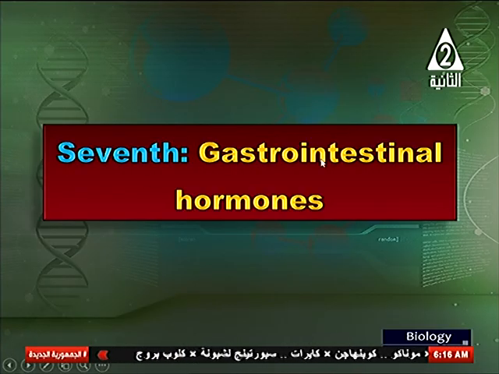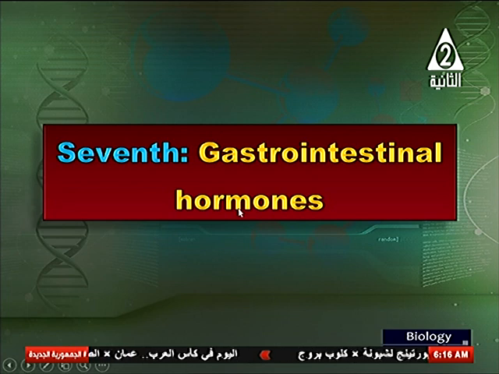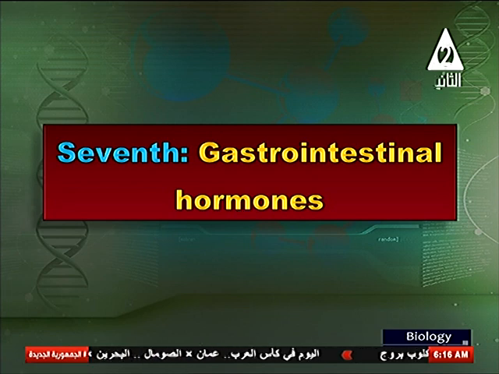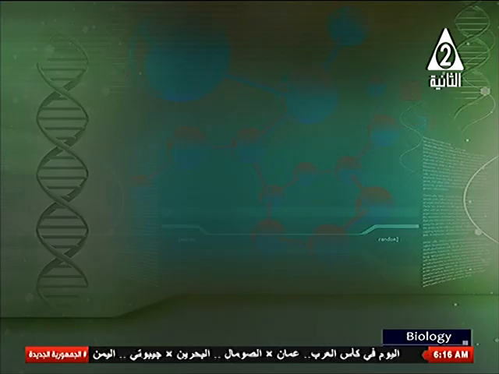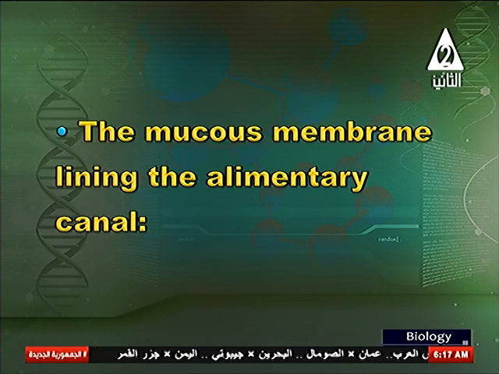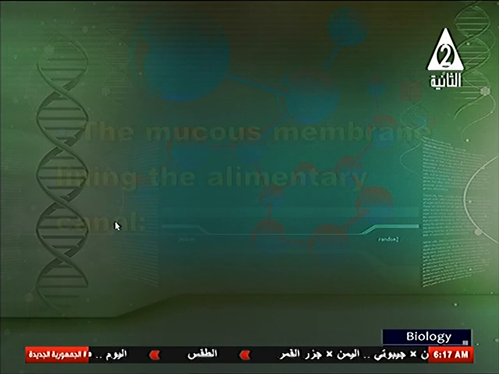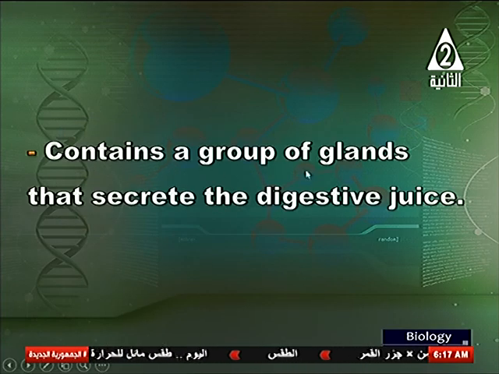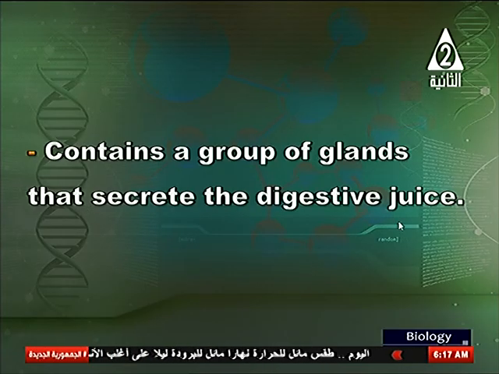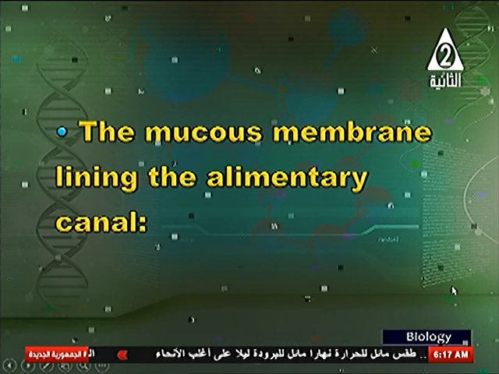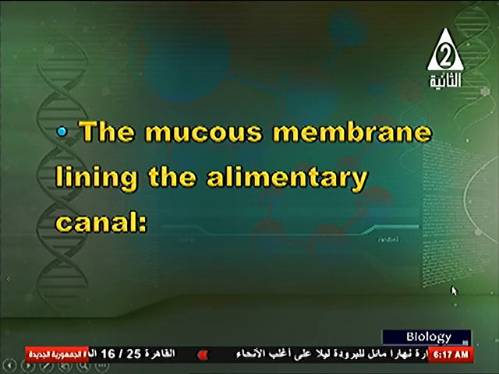Seventh, gastrointestinal hormones. This is the seventh type of endocrine hormones in our bodies. The mucous membrane lining of the alimentary canal contains a group of glands that secrete digestive juice. We studied last year that digestion ends in the small intestine.